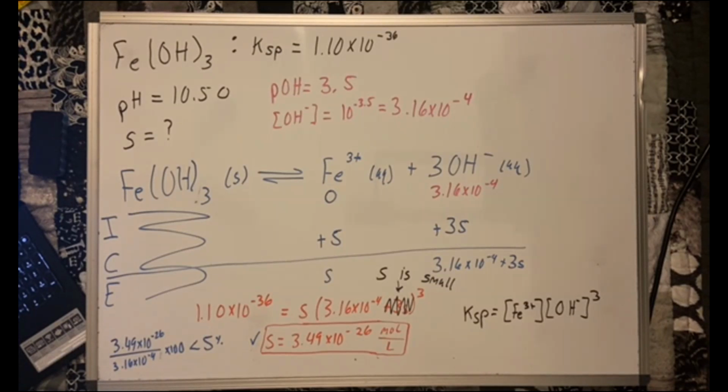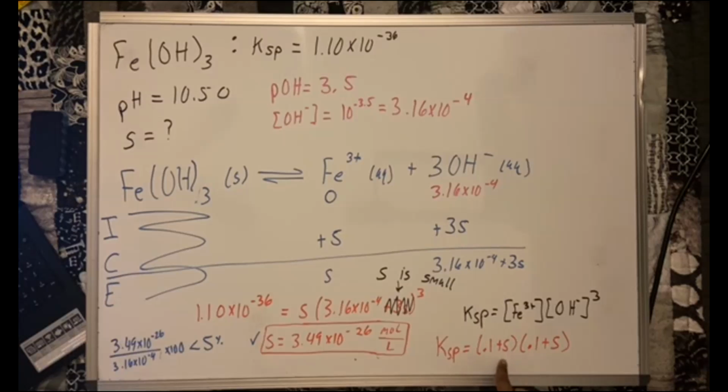All right, did I miss anything? Nope. Any questions on this? So here I could do it if I had something. If you ever have something like Ksp equals 0.1 plus s times 0.1 plus s, if you have two of them, you don't do your s's small there.